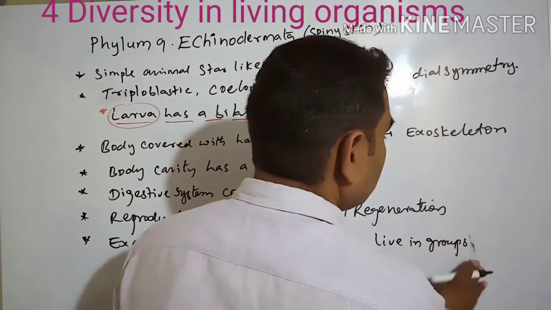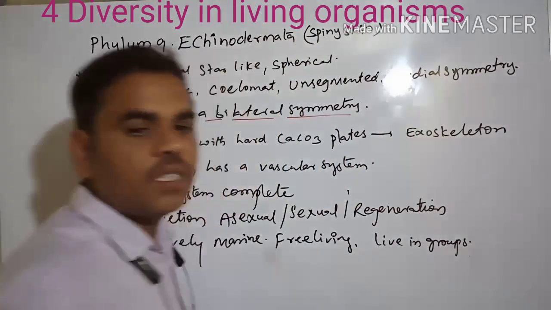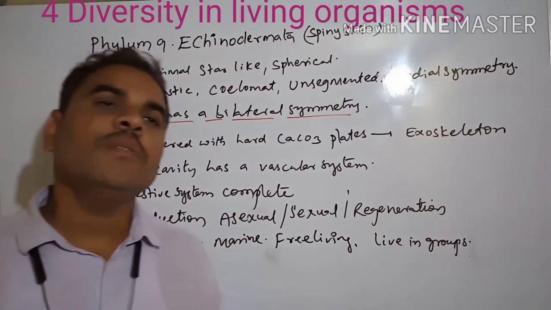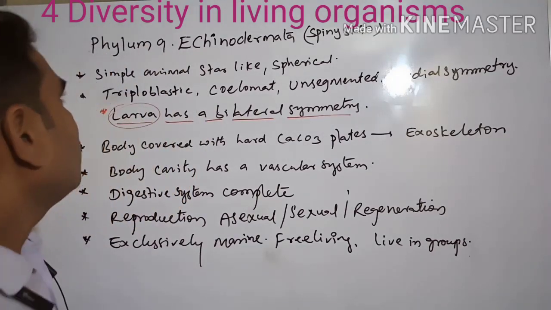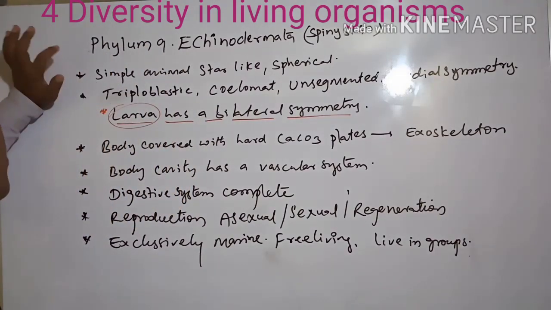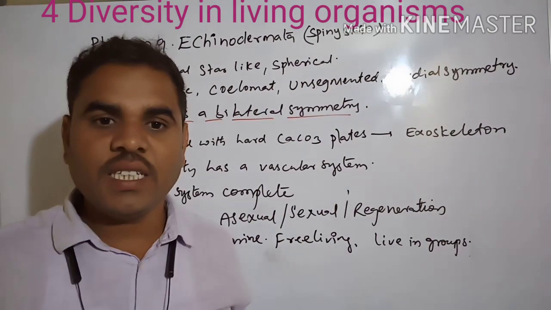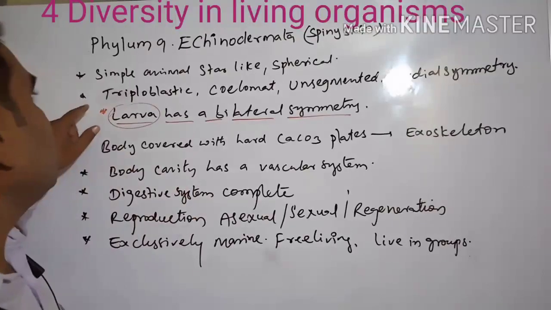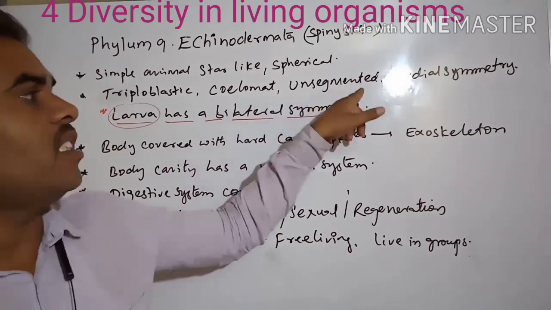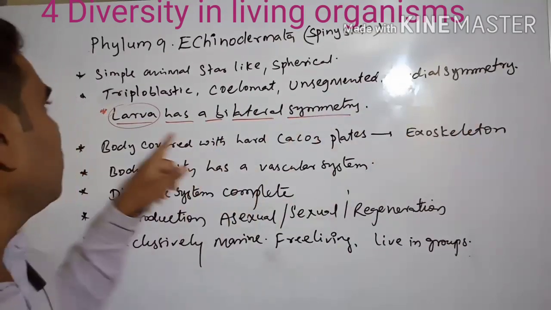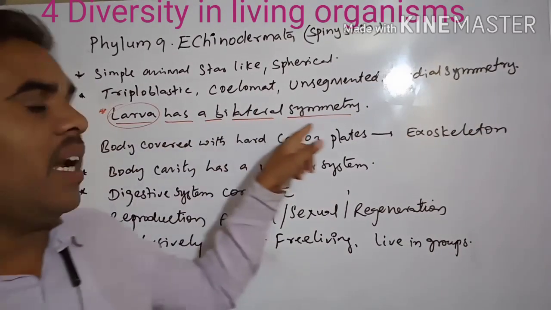So in this phylum, it is a simple animal, star-like or spherical. Triploblastic, coelomate, unsegmented, radial symmetry. The larva has bilateral symmetry.